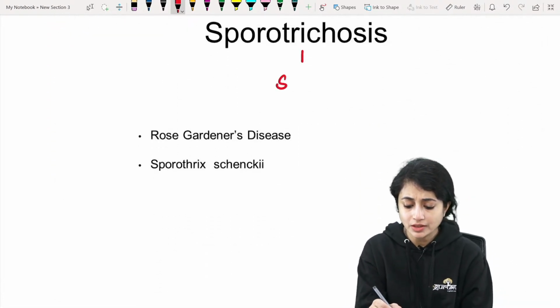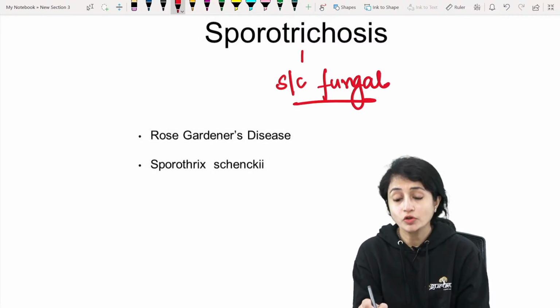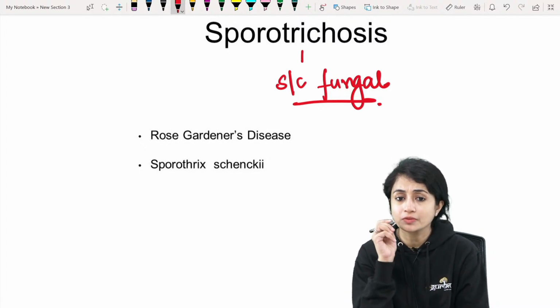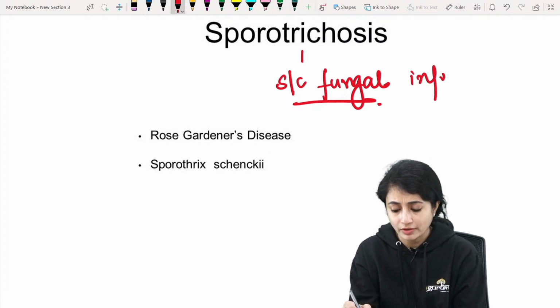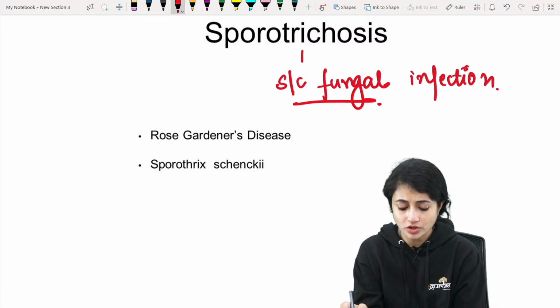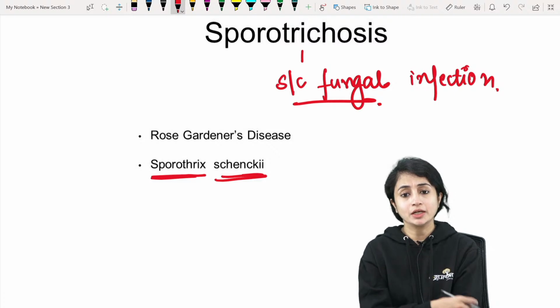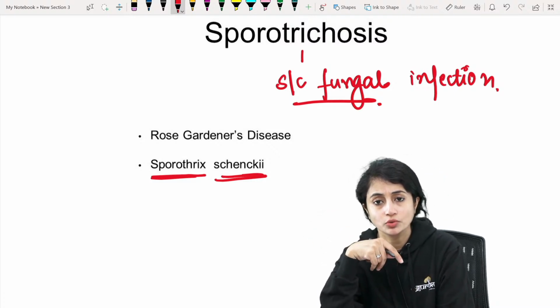It's basically a subcutaneous fungal infection. Tinea that we talked about was affecting the superficial layers of the skin, but then there are certain fungi which affect the subcutaneous tissue. So this is a subcutaneous fungal infection, which is caused by Sporothrix schenckii. Now, how would the fungus reach the subcutaneous tissue?